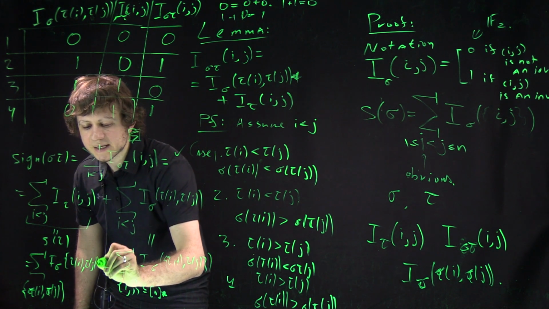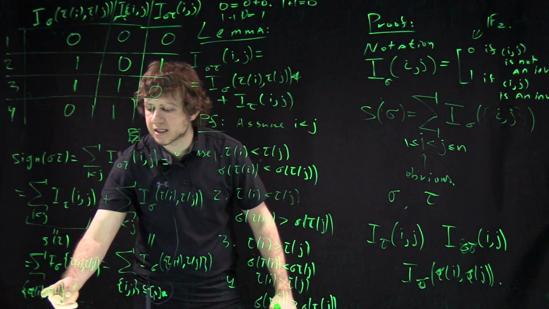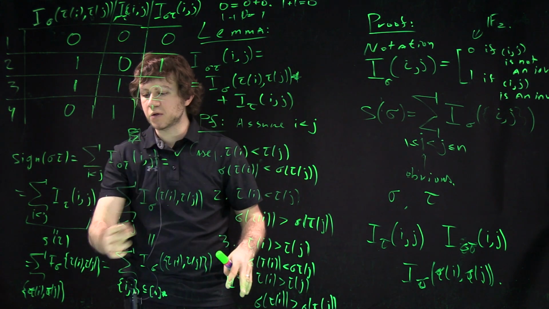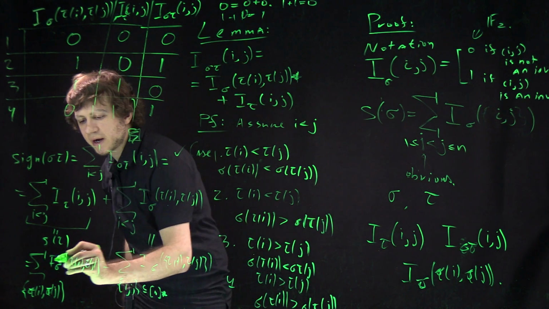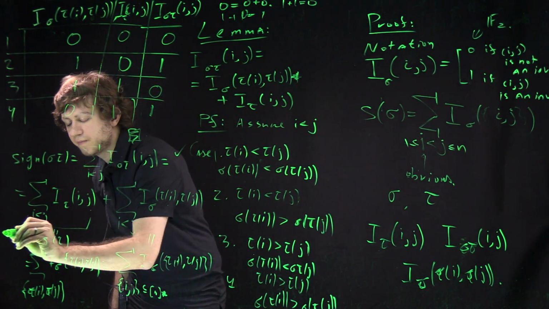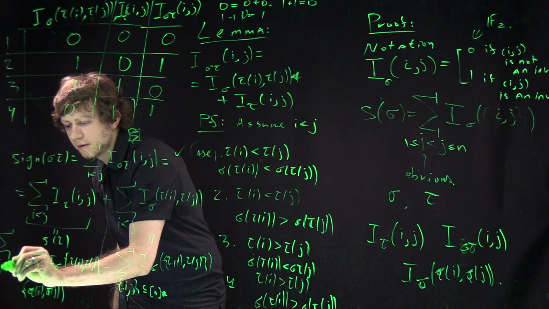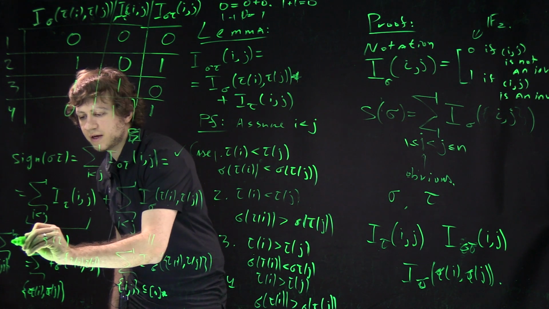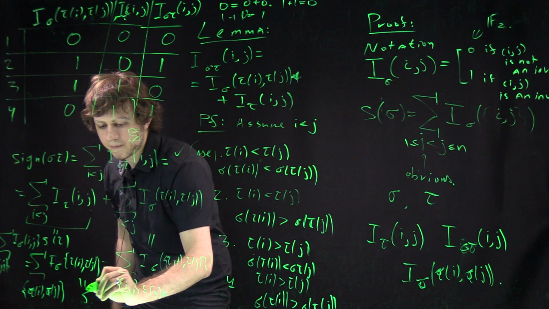So the fact is that basically you sum up along the huge set and you can relabel the set by tau. So tau will just relabel all pairs for you, but when you sum up all the values of I sigma, you still get the same thing. And so this one is the same as just the sum over all pairs ij of I sigma of ij. And so the thing is just S of sigma.